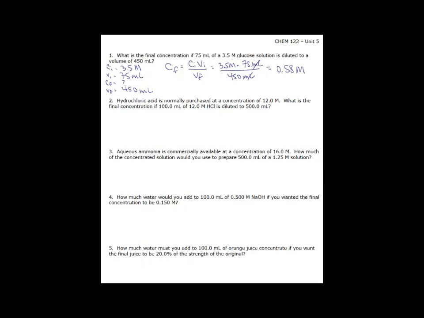All right, number 2. Again, we're solving for CF. So our initial concentration is 12 molar. Initial volume is 100 milliliters. Final volume, 500 milliliters.